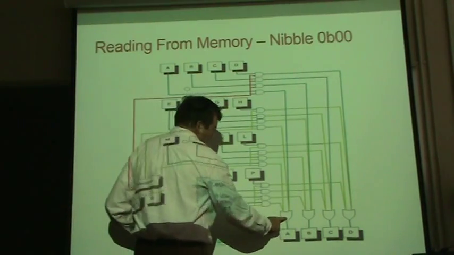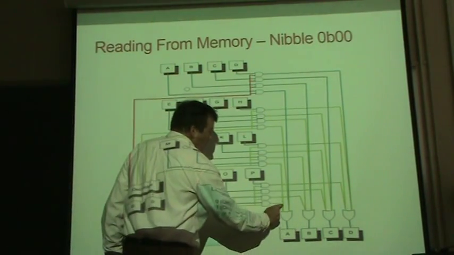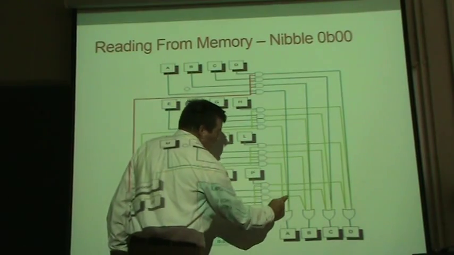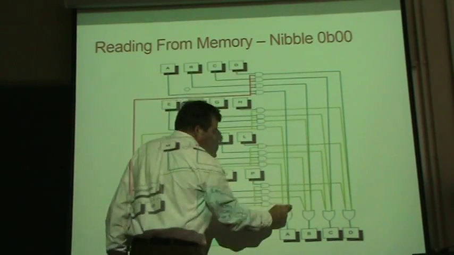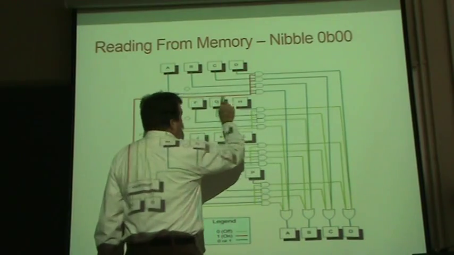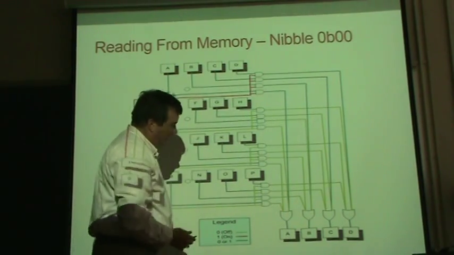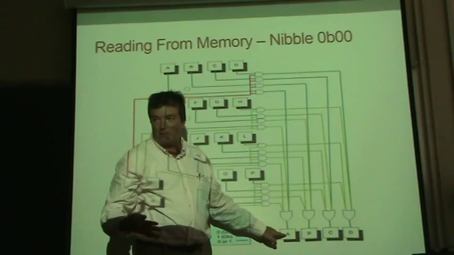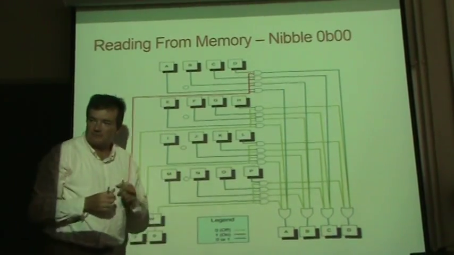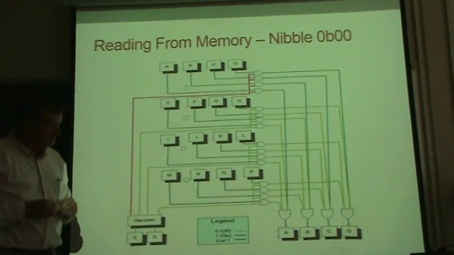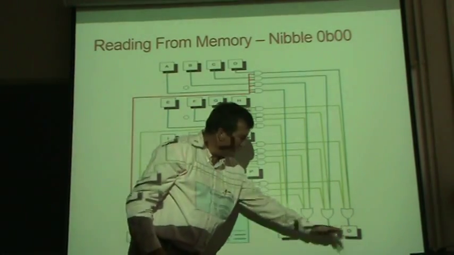So this first OR gate is 0 or 0 or 0 or whatever A was. So what eventually will happen is A will show up here. Right? And B will show up here, and C will show up here, and D will show up here.